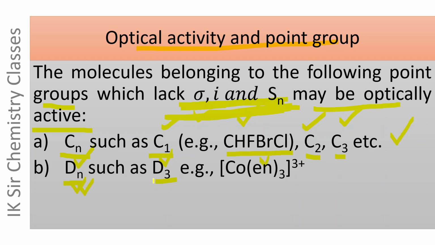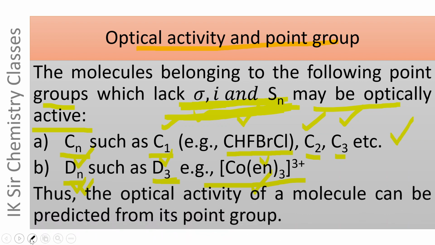For example, let us see D3 point group. Co(en)3 3+ belongs to D3 point group and it is optically active. Thus, the optical activity of a molecule can be predicted from its point group.